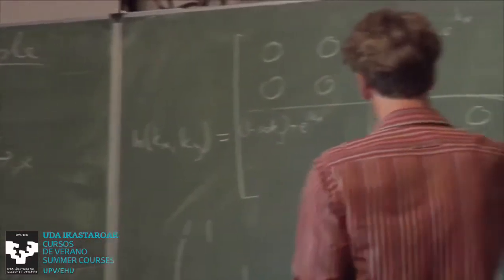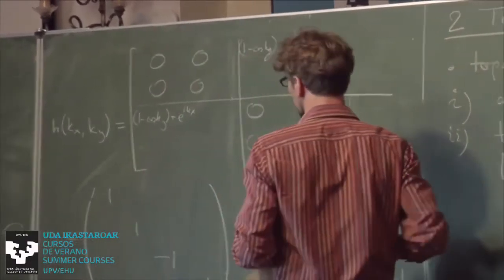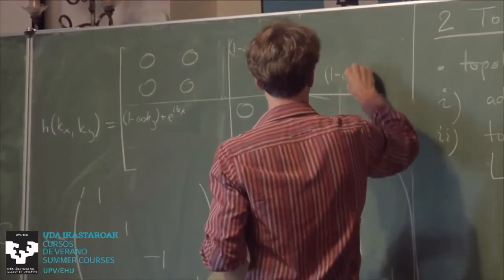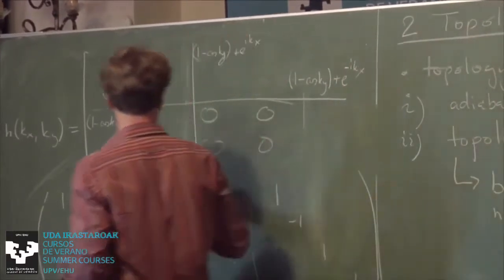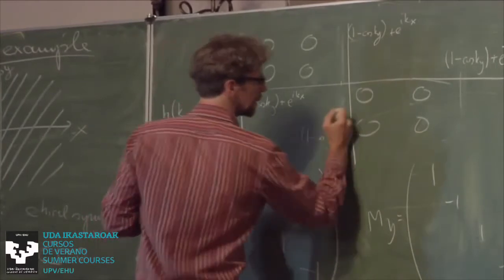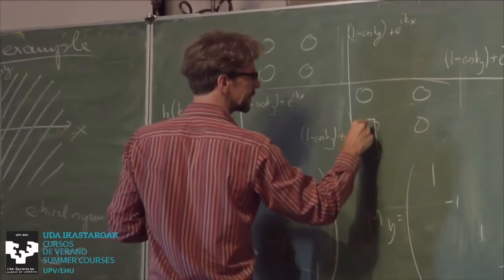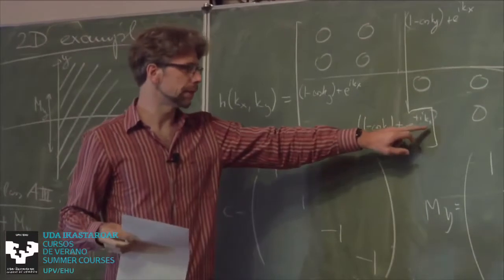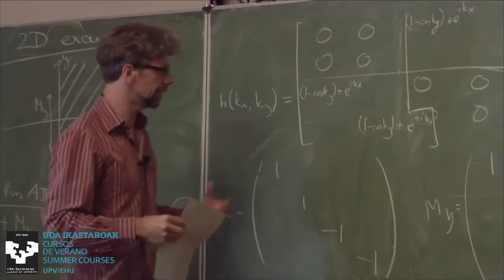And I'll add another copy of such a system, but this time with the opposite winding number, which means that I'll write 1 minus cosine ky plus e to the minus i kx. And then down here it's going to be 1 minus cosine ky plus e to the plus i kx. If you remember how we computed the winding number, this was basically the prefactor of kx, depending on whether it's plus 1/2 or minus 1/2, the polarization.